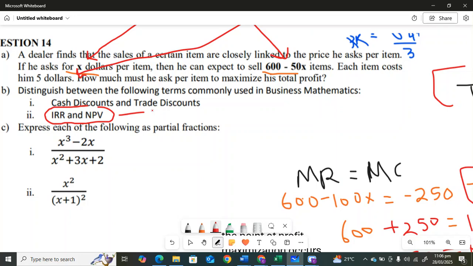So now you have to forecast, you have to predict, that this investment might bring me this amount of money in year one, year two, year three, year four. You have to forecast the money that you're going to get from these investments.